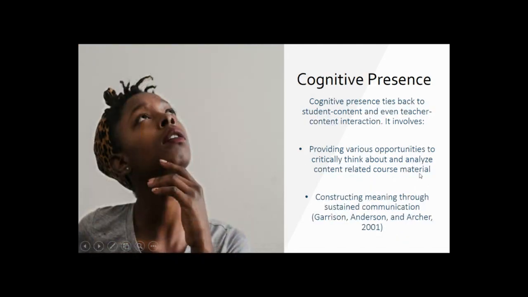Cognitive presence ties back to student to content and even teacher to content interactions, and it involves providing various opportunities to critically think about and analyze content-related course materials. It also includes constructing meaning through sustained communication. So you're not just reading the content and then answering some multiple choice, true or false, or matching questions.